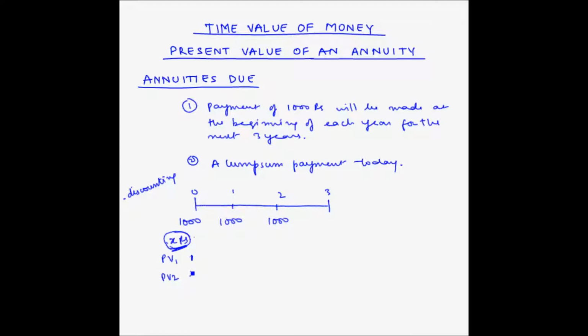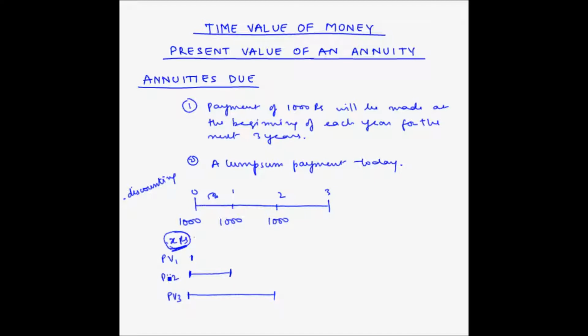PV2 is the amount that if we put in the bank today at 5% interest per annum for 1 year, we'll be able to withdraw 1,000 rupees at the end of the first year or at the beginning of the second year. And PV3 is the amount of money today that if we keep in the bank at 5% interest per annum, we will be able to withdraw 1,000 rupees at the beginning of the third year.